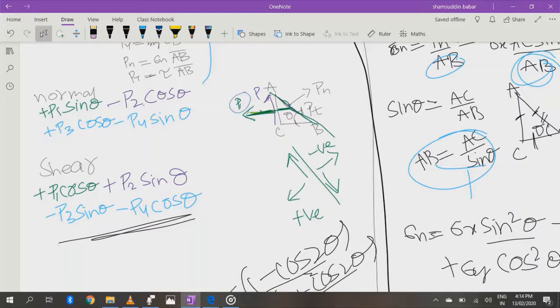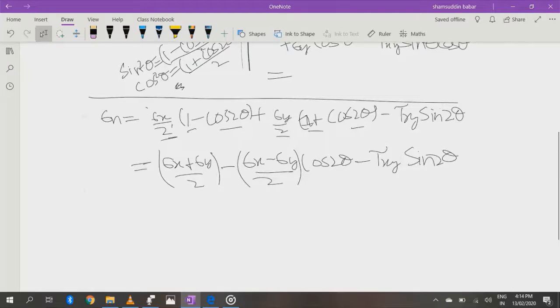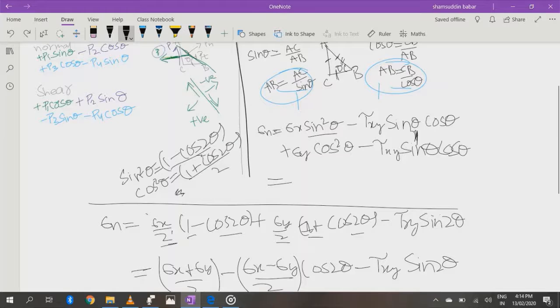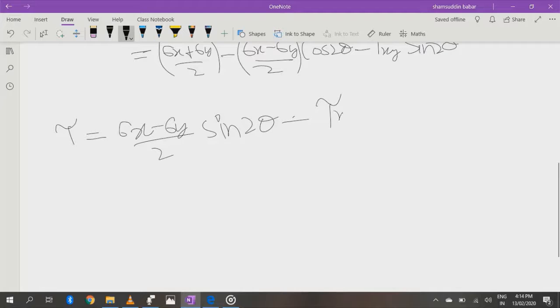After we have solved the shear stress as well, we find that our shear stress is equal to (stress x minus stress y) divided by 2 times sine 2 theta, minus tau xy cos 2 theta.